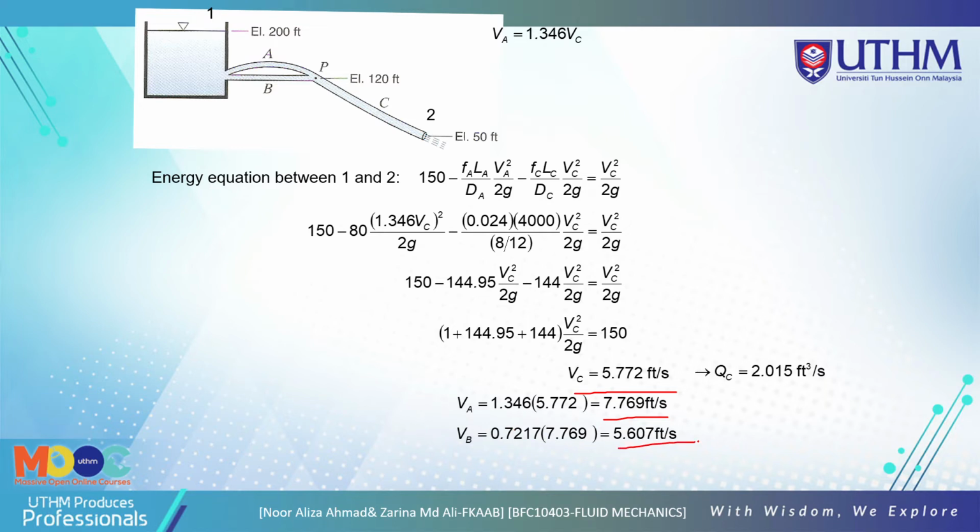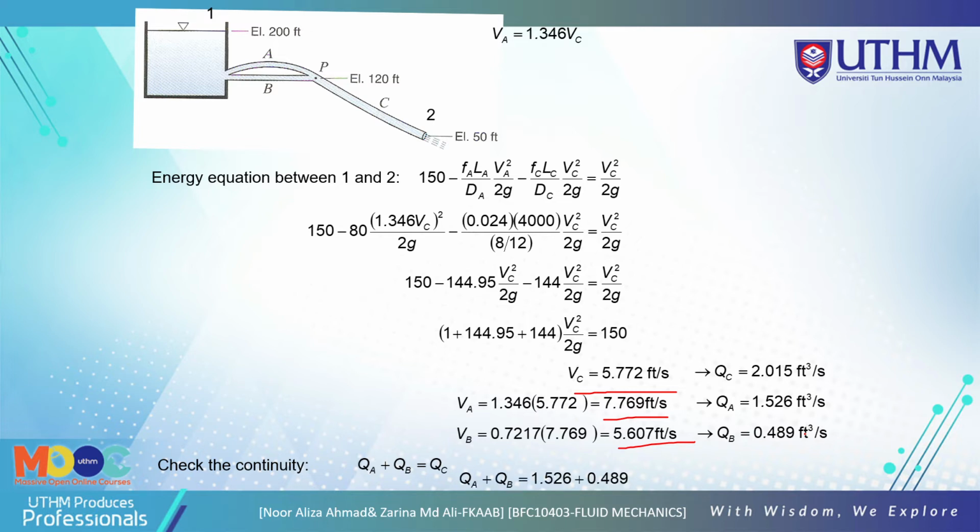Then you get the QC here, based on the AC. And then you get the QA and you get the QB. So now the total Q here, QA plus QB, is equal to QC. You just check that until you get the value of 2.015 here, which is equal to QC.